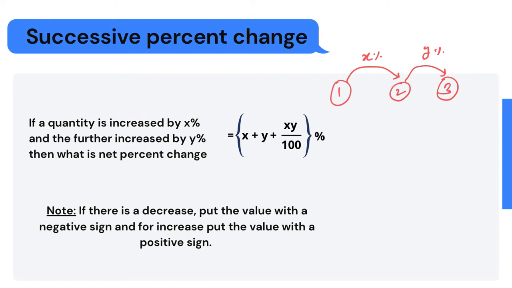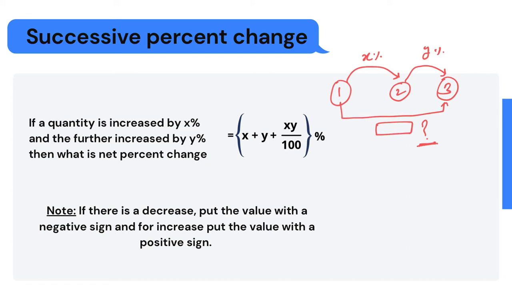Here you need to calculate 2 times, first X percentage, then Y percentage. If you don't want to calculate 2 times, what can you do? Directly from here you can go to here. So what percentage can you write here? I can say question mark, and this I need to calculate, right?